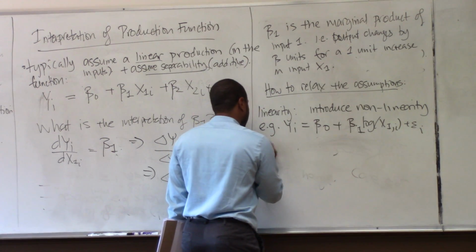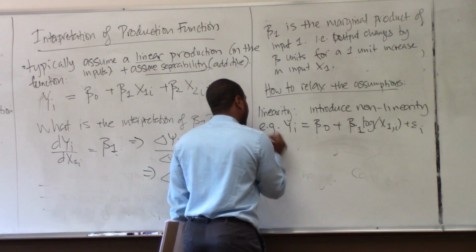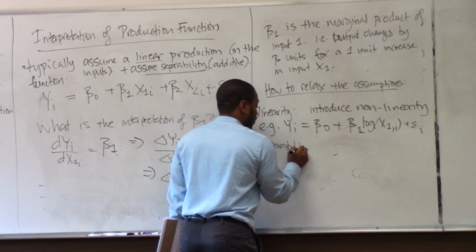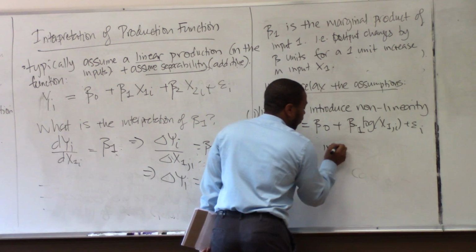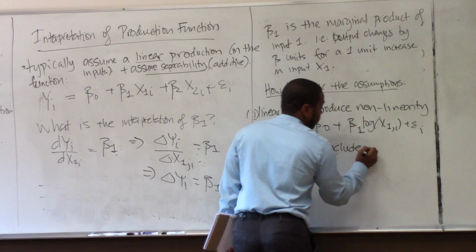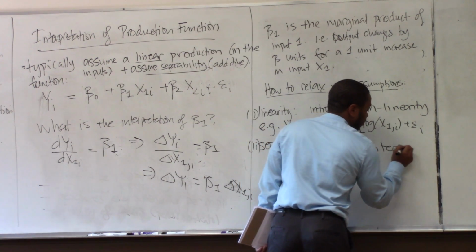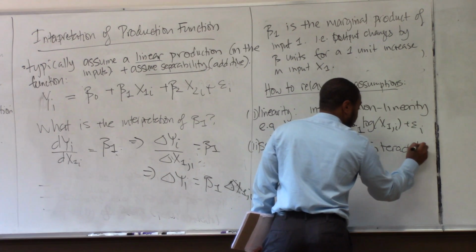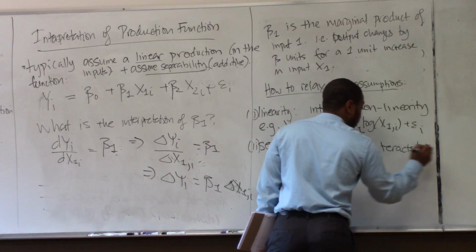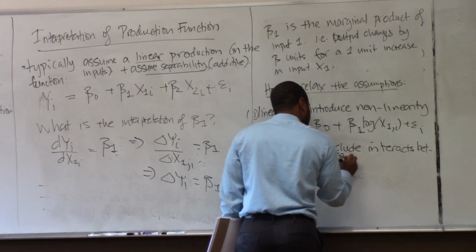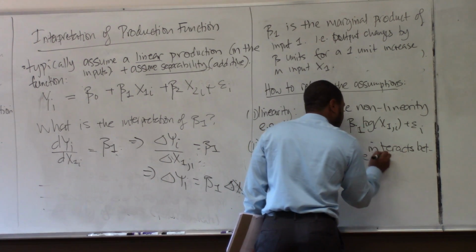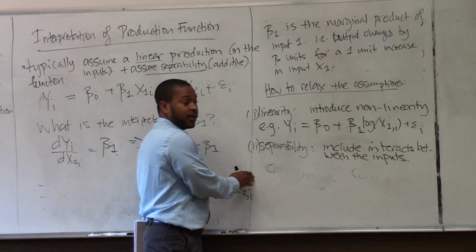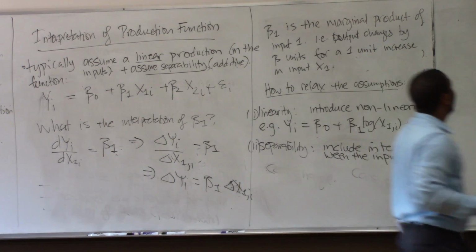For our separability, we can include interactions between inputs. For those of you in the back, can you see my writing? I'm going to write all the way over here.